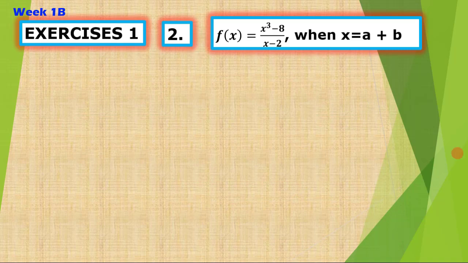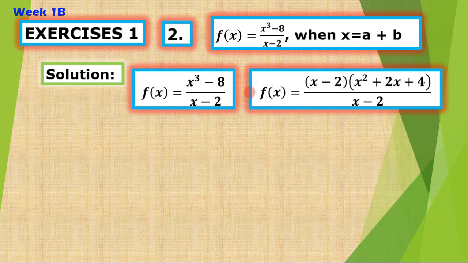For number 2, given is f of x equals x cubed minus 8 all over x minus 2, and we have to evaluate f of a plus b. Solution: we copy the function. Since this numerator, x cubed minus 8, is a special product, the difference of two perfect cubes, we have to factor this out.